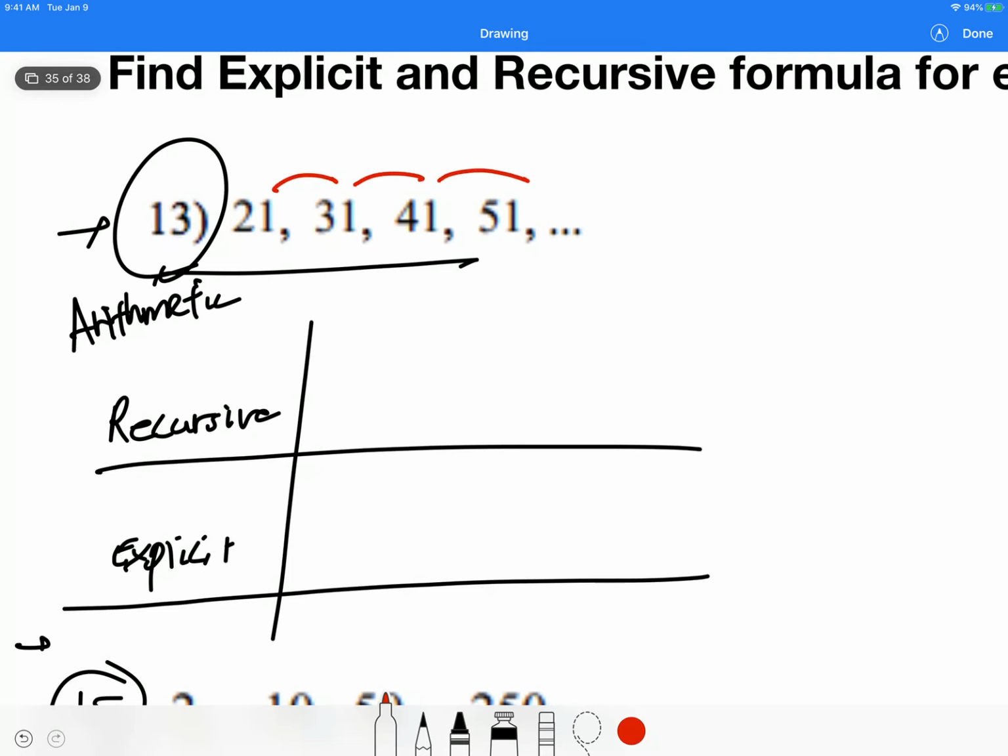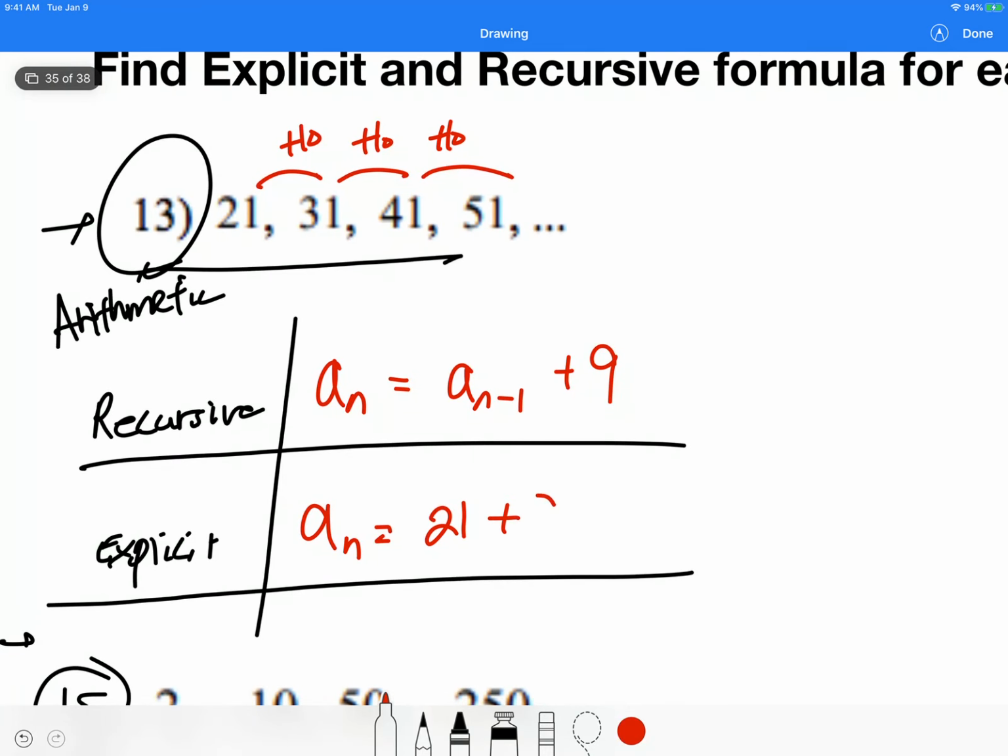All I notice is that it's adding 9 from each subsequent term, so my a sub n would be my previous term plus 9, and that's it. My explicit formula, a sub n is equal to a sub 1, 21, plus common difference times n minus 1. This formula we have been talking about since 2 weeks ago.